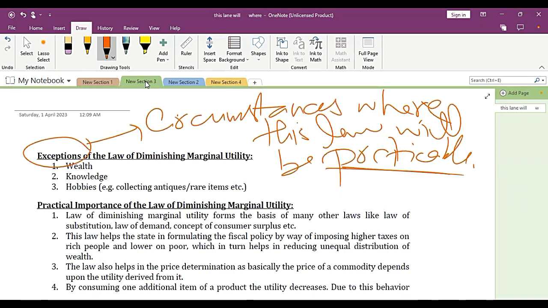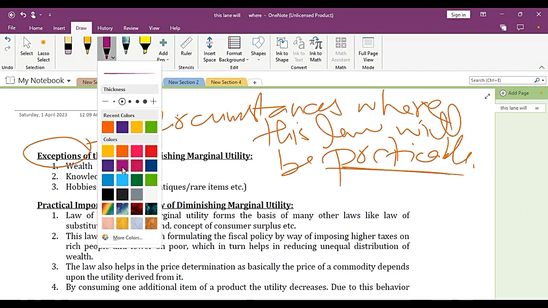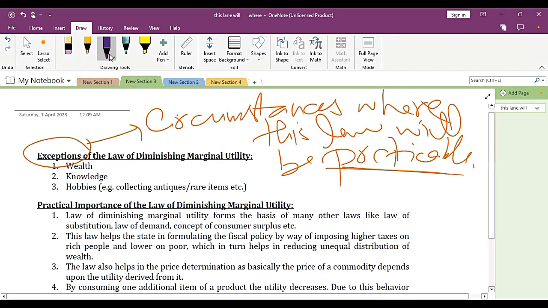So first is wealth. If we study wealth, every human has a natural need for more and more wealth.